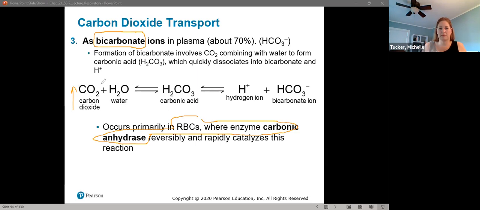So you build it up here and it pushes the reaction this direction. So when carbon dioxide is released at the tissues and concentration increases, carbonic anhydrase rapidly forms carbonic acid. Then carbonic anhydrase is going to catalyze that reaction into hydrogen and bicarbonate.